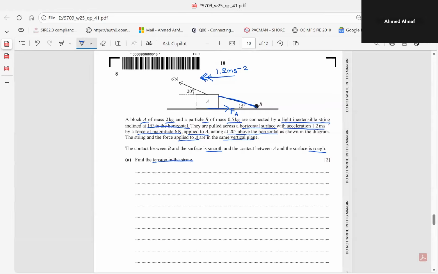Okay, let's label all the forces that are acting. So obviously we have the weights of B and A. B is 0.5 times G, and A is 2 times G. And then we also have the normal reaction forces, which are obviously just equal to their weight.